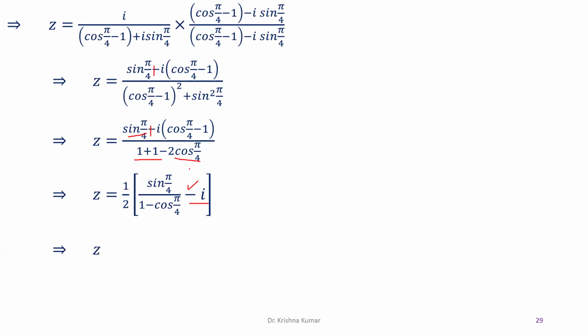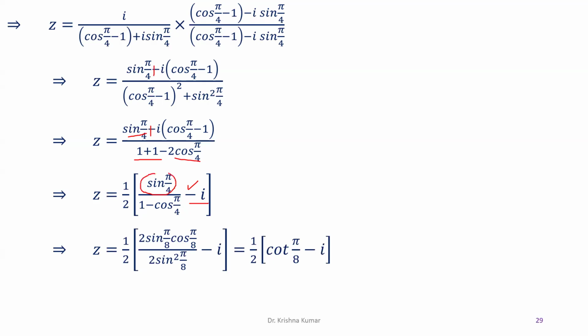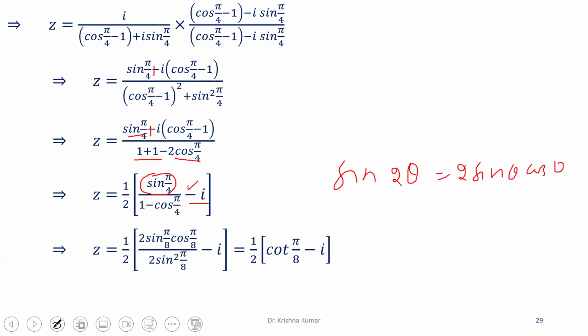Now let us again simplify it. We know that sin 2 theta is equal to 2 sin theta cos theta. So sin 2 times pi/8, that is sin pi/4, can be written as 2 sin pi/8 cos pi/8.